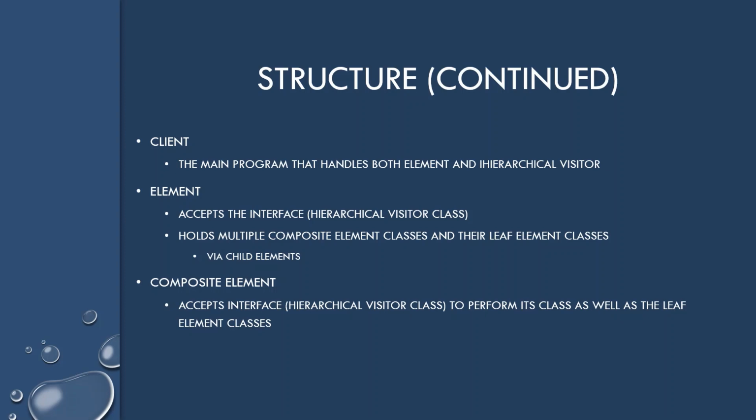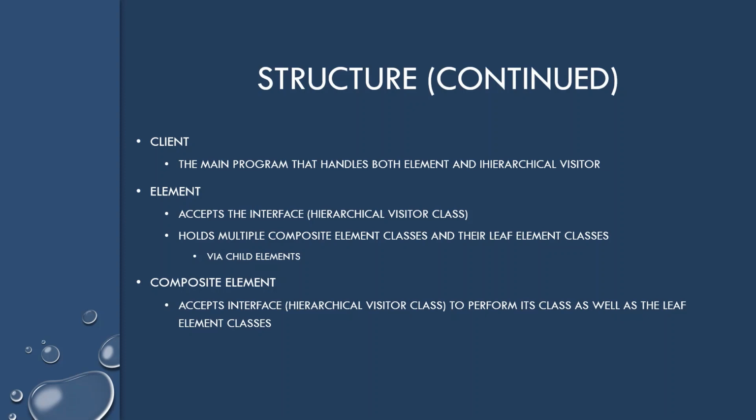The second class is element, which accepts the interface, otherwise known as the hierarchical visitor class. This class also holds multiple composite element classes and their leaf element classes. Leaf element classes are known as child elements or child nodes.